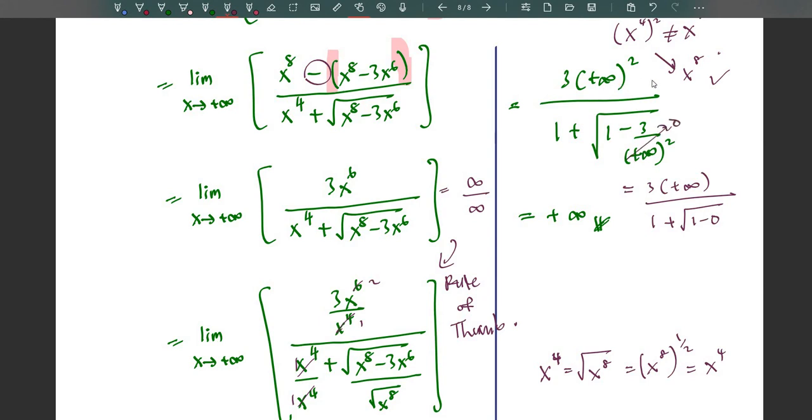This one is not 0, it's multiply, not divide. And then 3 times positive infinity is positive infinity. And here 1 plus 1 is 2. Positive infinity divided by positive 2 is going to be positive infinity.